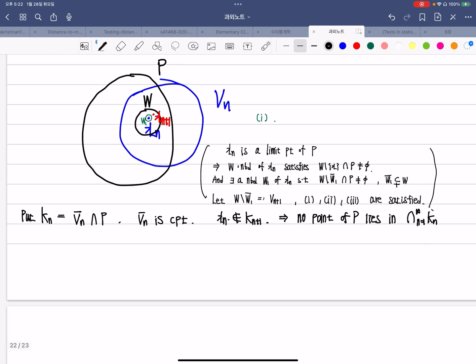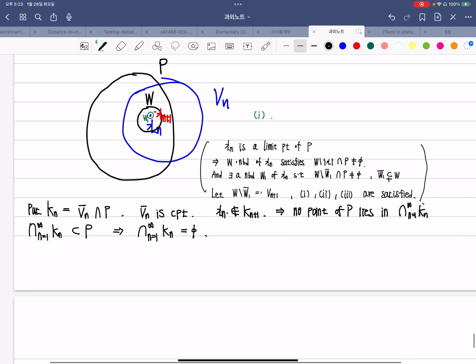Because each Kn is contained in P, the intersection of all Kn is contained in P. So this is the empty set. But each Kn is non-empty.